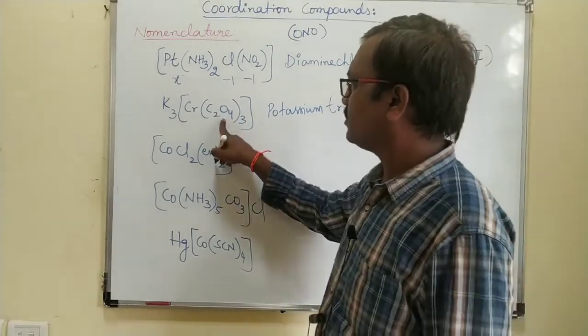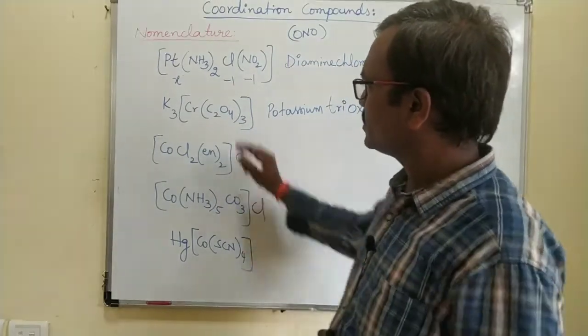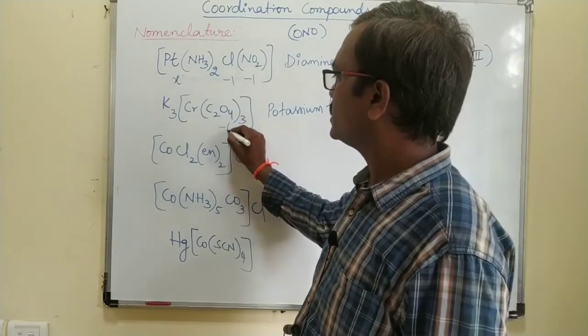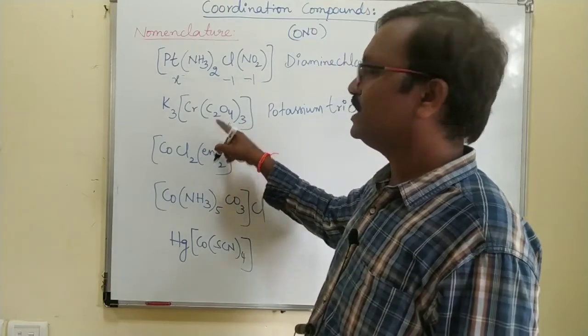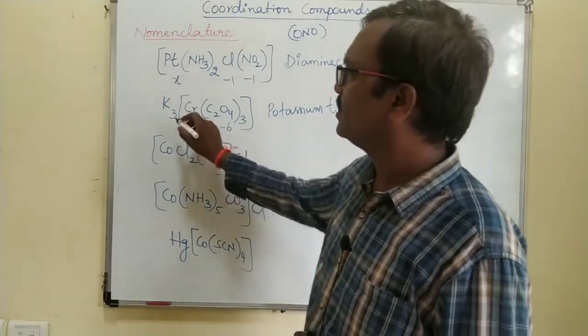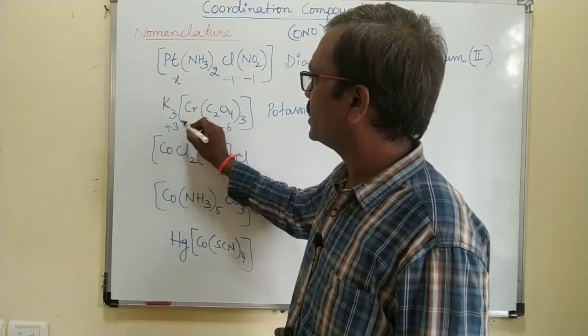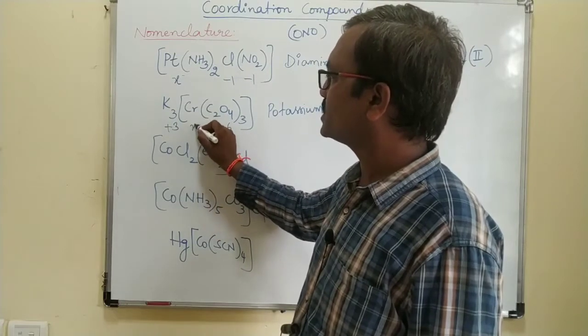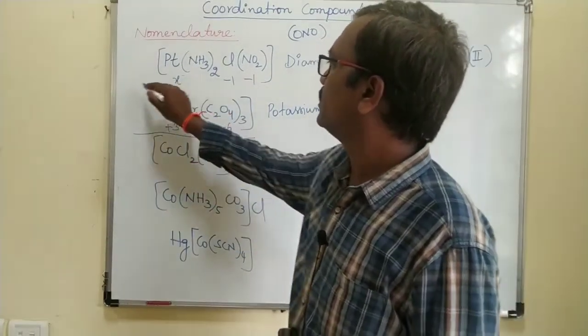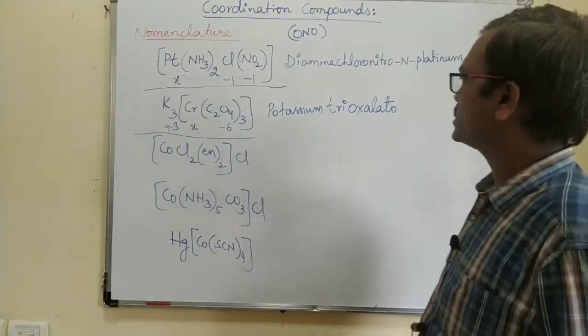So this is the trioxalato. What is the oxidation state? C2O4 is minus 2, so for 3 it is 6. Potassium is plus 3. So what is the chromium oxidation state? Plus 3.